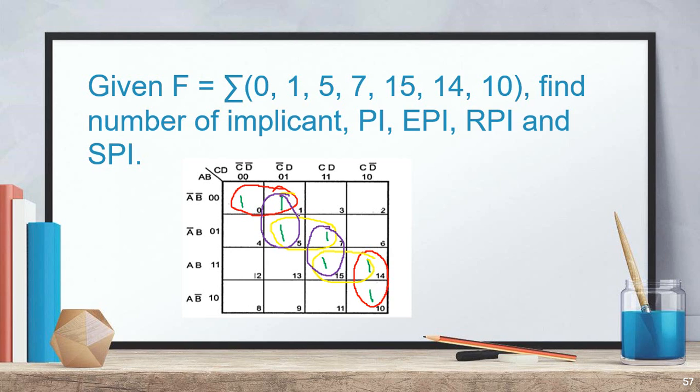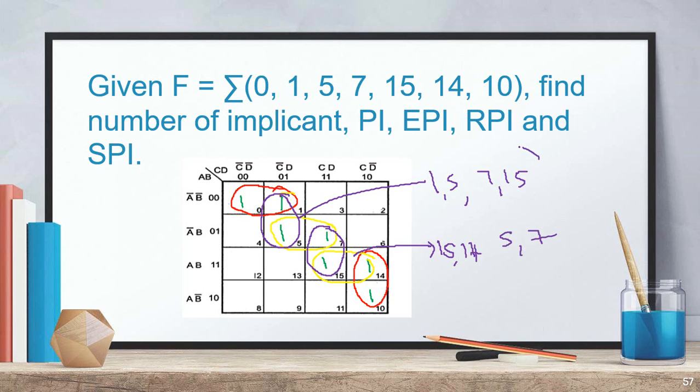So what is selective? Either I can take 1 5 as one group and 7 15 as another group. This is also possible. Anyway, the red mark is compulsory. Or else we can take 15 14 as one group and 5 7 as another group.